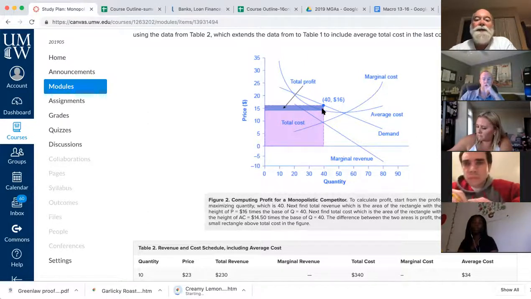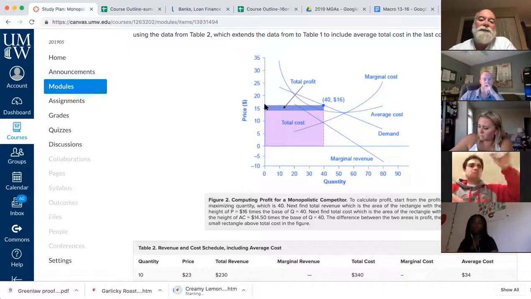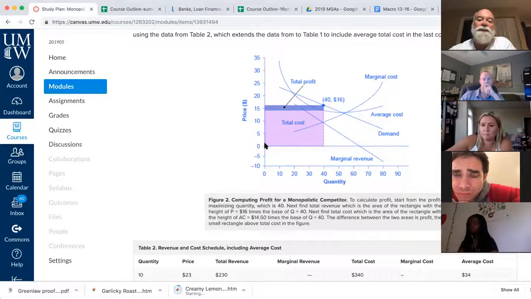Another way to think about this is we know that profit is total revenue minus total cost. Total revenue is price times quantity. The price is 16. We got that off the demand curve. The quantity is 40. We got that from where MR equals MC. So the area of the larger rectangle is the total revenue.